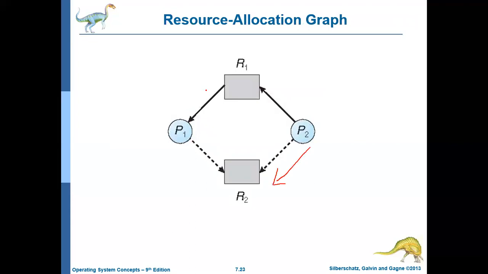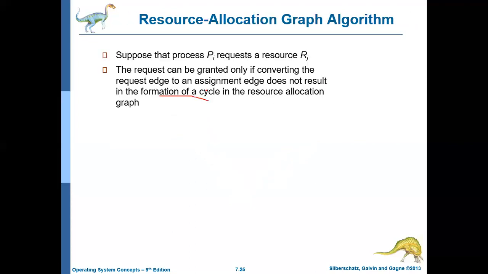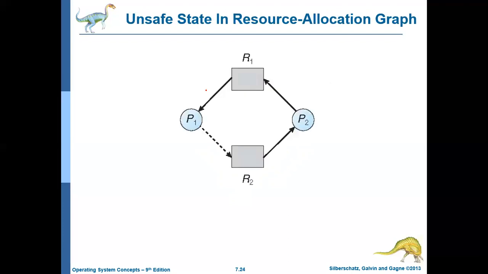That's it about the resource allocation graph. So we have discussed the deadlock avoidance technique. Basically, in deadlock avoidance, the operating system needs a priori information about the process, like what resources it will require in the future. We have discussed the safe state, and how to identify whether the system is in a safe state or not.